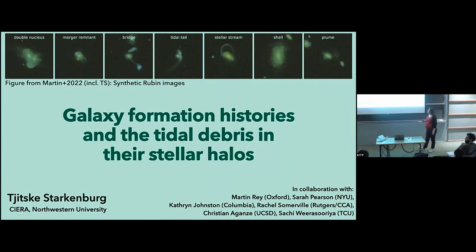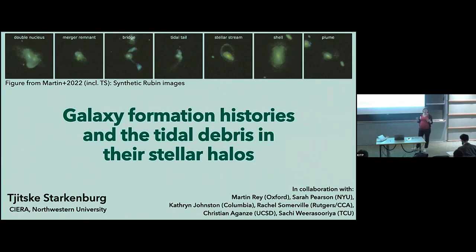So many of you know me as working on comparing large galaxy simulations to large surveys and working on star formation histories, so kind of a different side. That's one of the reasons that I wanted to talk about this today.